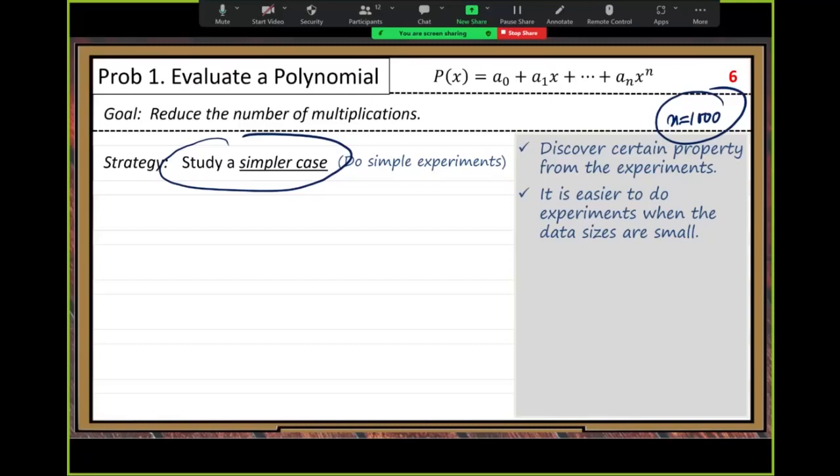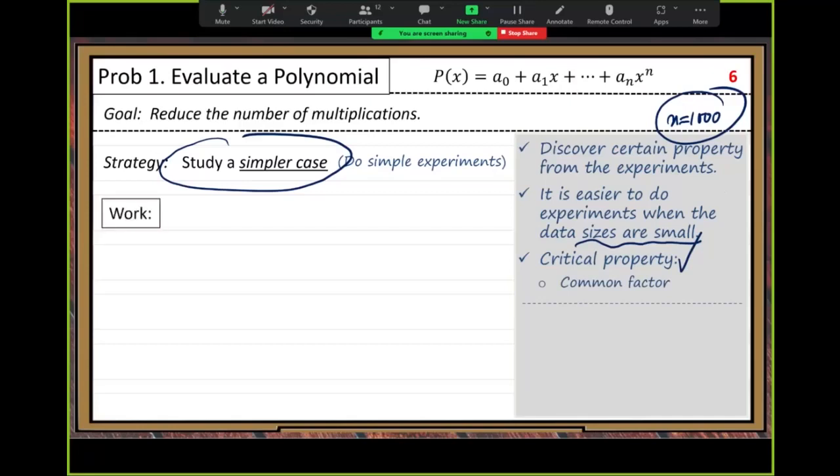It's too hard. So we work on small data sizes. After the experiment, we want to discover some critical property.